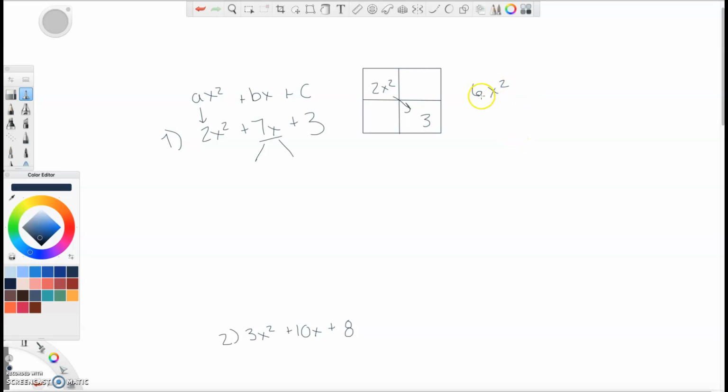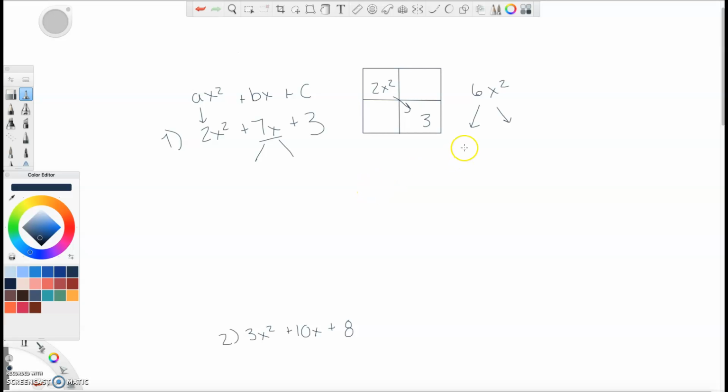Now that we have 6x squared, just like we had done before, we're going to look for factors that multiply to be 6x squared but add to be 7x. Like we had done before, we're going to start with 1. 6 times 1 is 6, and 6 plus 1 is 7, so that works in our case. Remember, I start with 1 because it's the easiest way to standardize where you start with each factoring example.